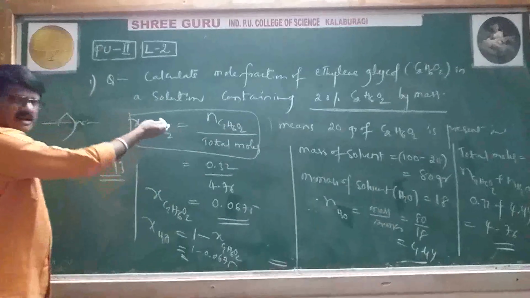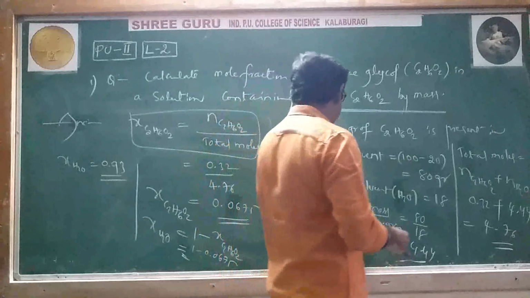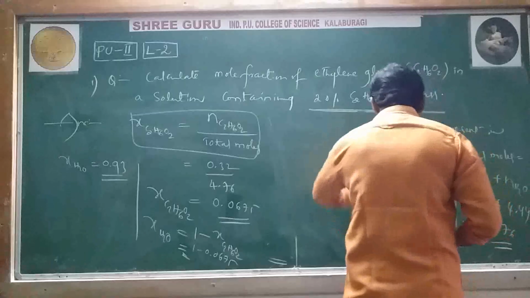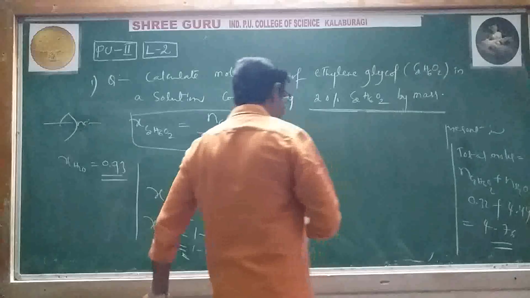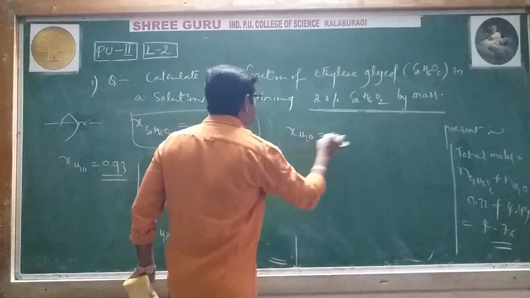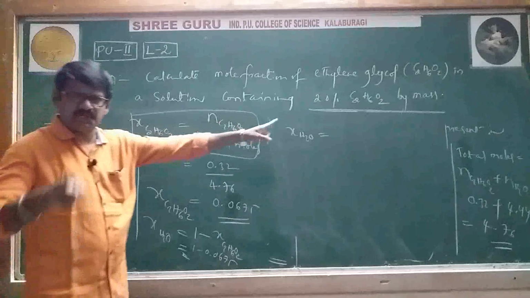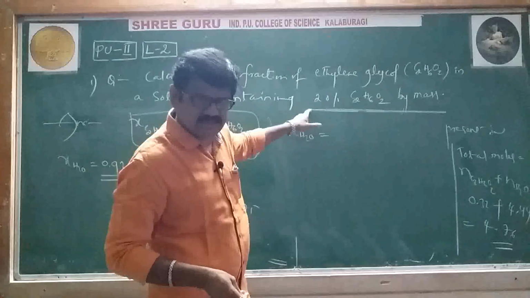You can calculate directly like this, or you can use the formula. That also I'll explain here. Directly we can calculate, or with the formula we can also calculate. With the formula, how are we calculating? Same. Mole fraction of water I am calculating. Of course, that is not asked in the question, but for your understanding I am explaining here.